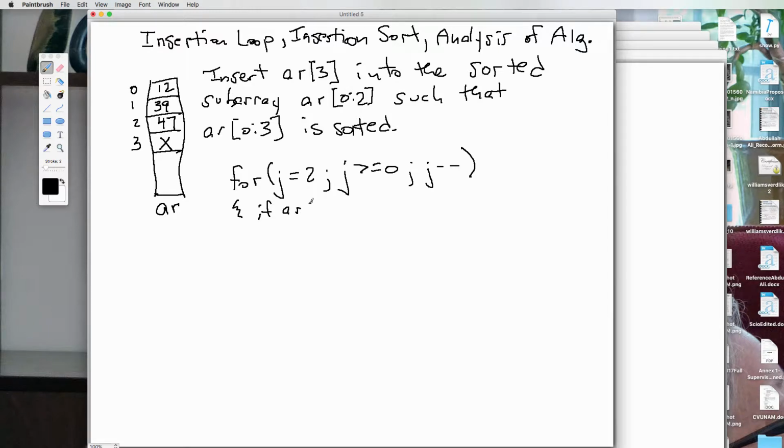We did something else here too. We said let temp equal AR of 3.